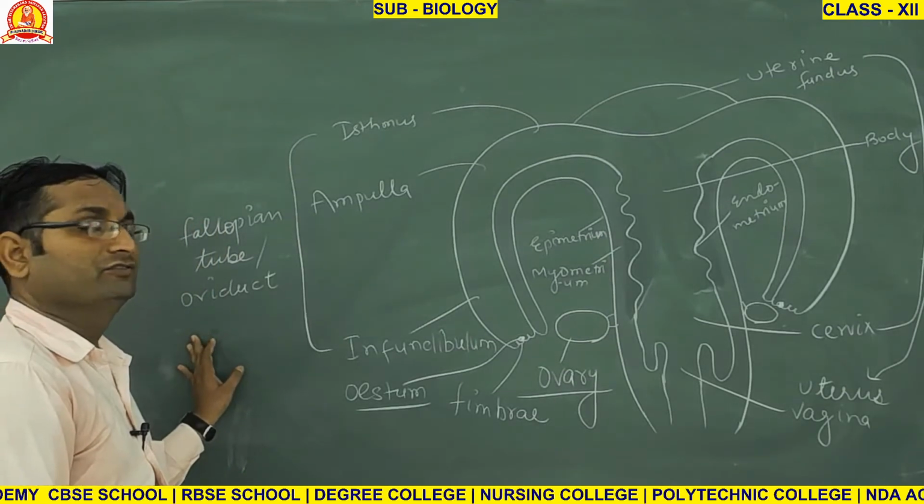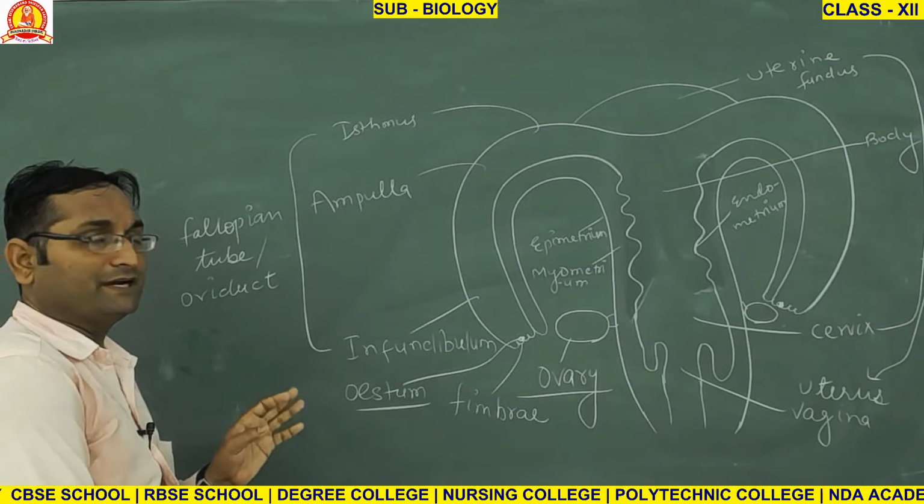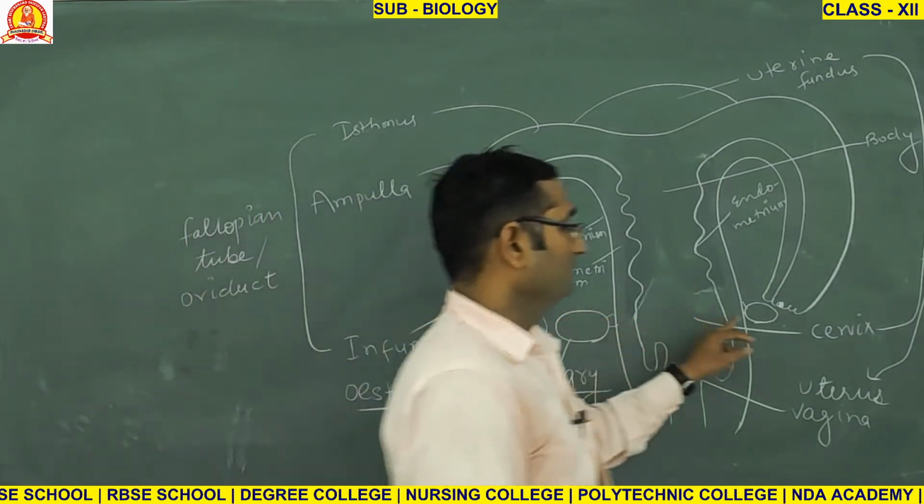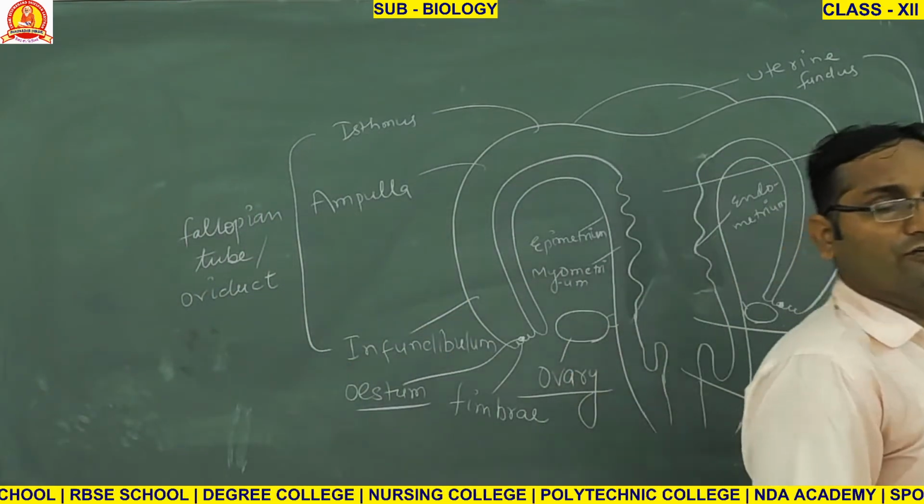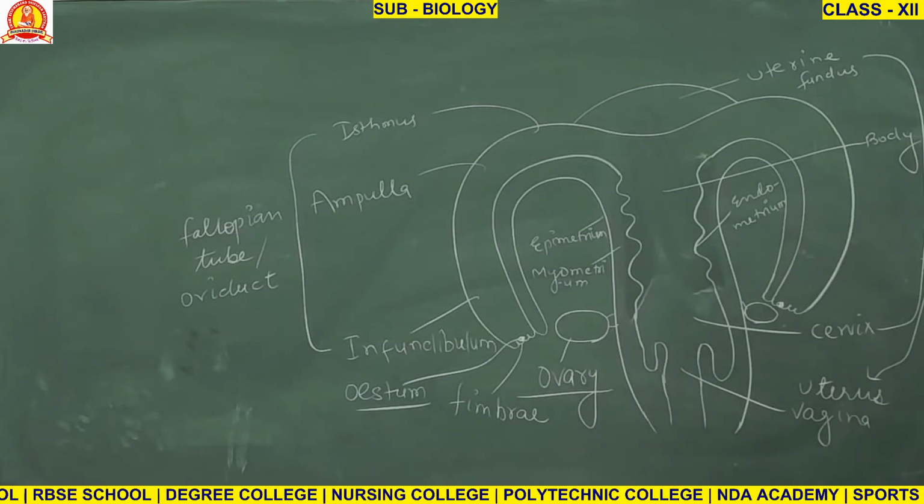About female reproductive system: first of all, primary reproductive organs are ovaries. A pair of ovaries are present in abdominal cavity.